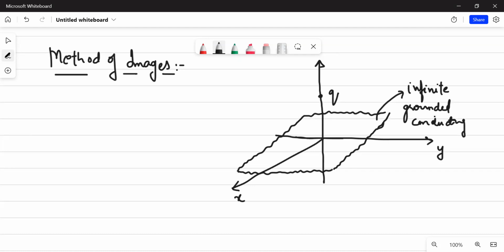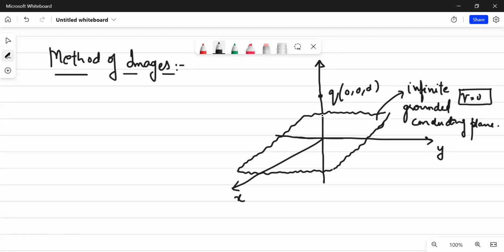Whenever something is grounded, you can take that potential to be equal to 0. So this potential would be equal to 0. And let us say that this charge is held at 0, 0, d on the z-axis. So basically, this charge is at a distance d from this infinite grounded conducting plane.